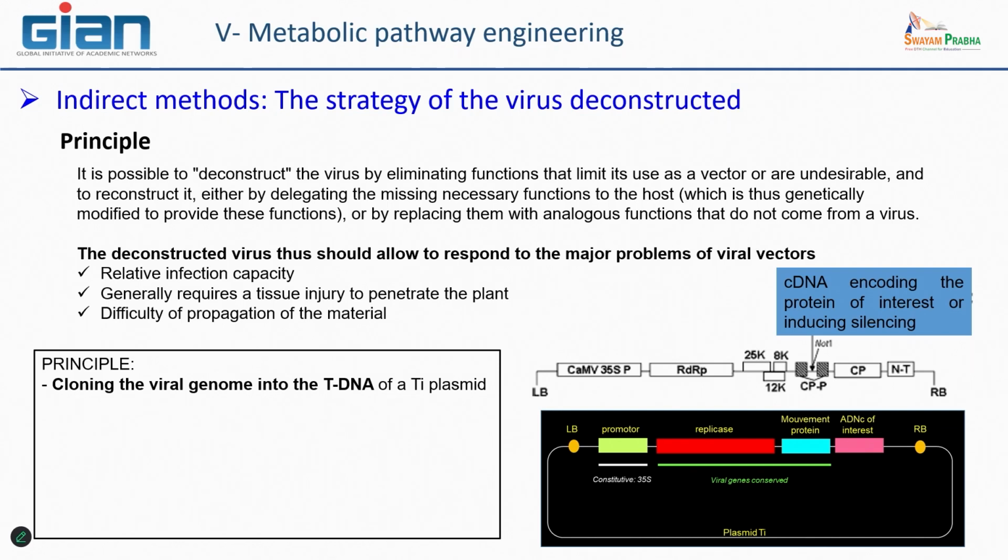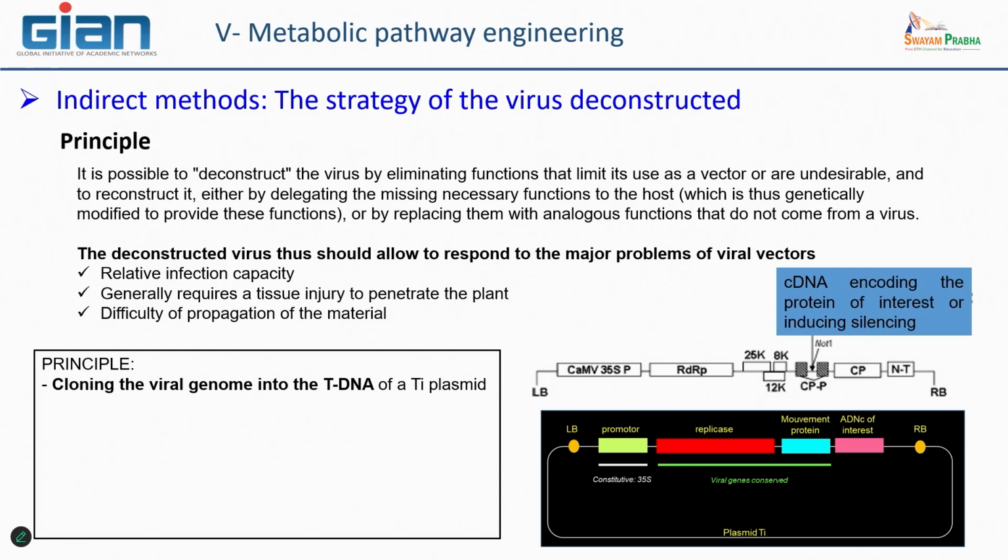I just want to illustrate that we can combine the principle of using virus genes with the properties of the T-DNA of Agrobacterium. For example, we can make what we call a deconstructed virus.